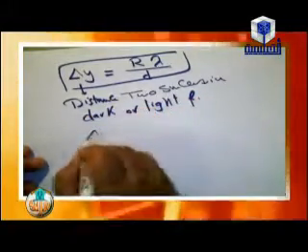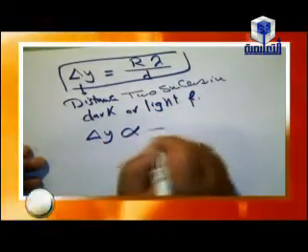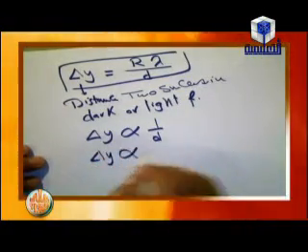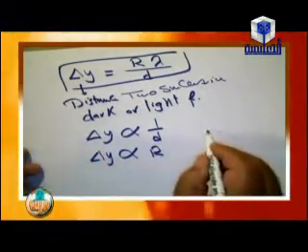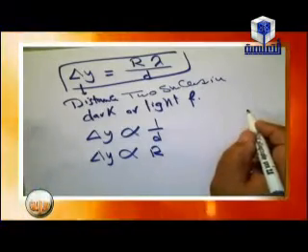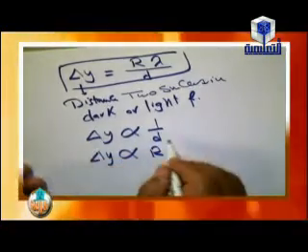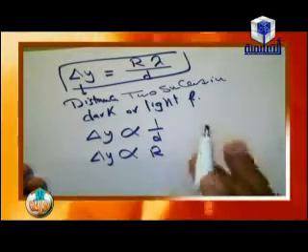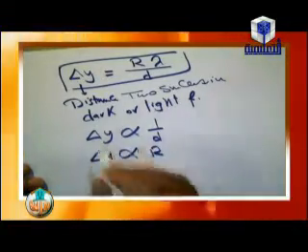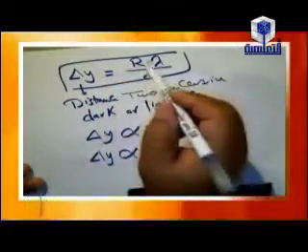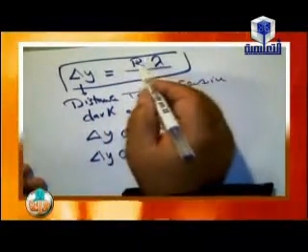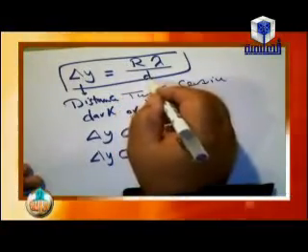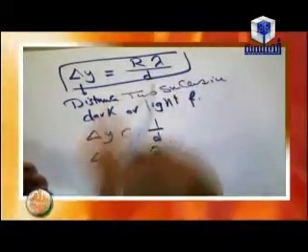So delta Y is inversely proportional to the distance between the two slits, and delta Y is directly proportional to R, the distance between the two slits and the screen. So the factors affecting delta Y are two factors only: the distance between the screen and the double slits, and also the distance between the two slits, according to the law.